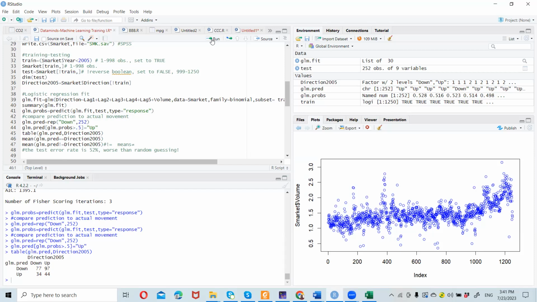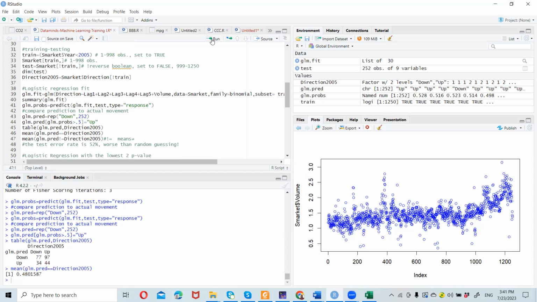Line 45, we can see. Now we want to obtain our error rate, line 46, 47.